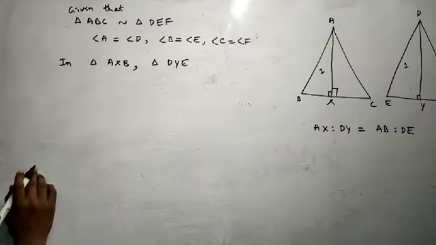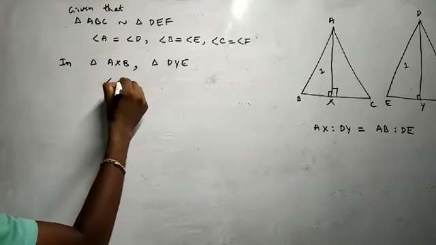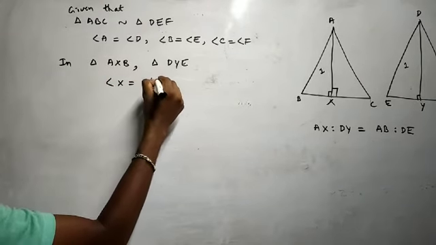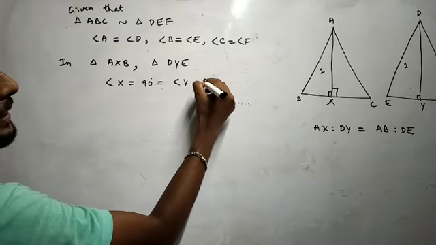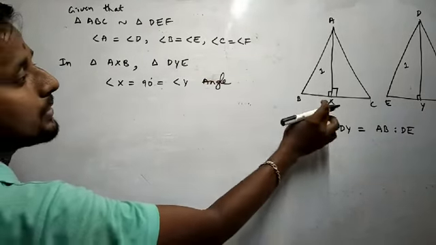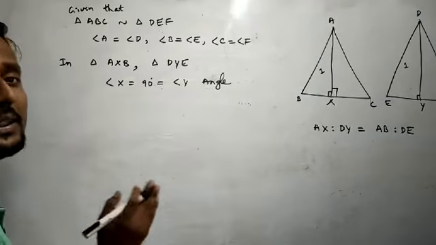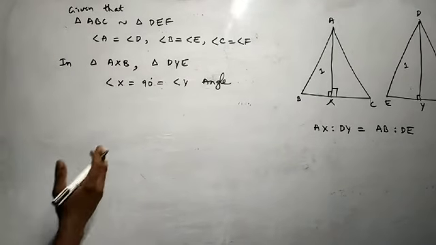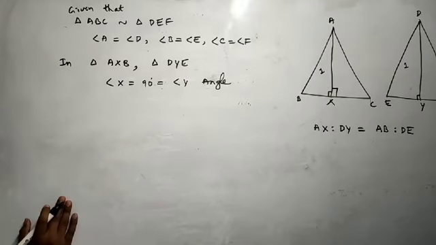Now look at it. Angle X is equal to 90, which is equal to angle Y. It's a simple angle because AX is an altitude. Definitely it makes a perpendicular. It meets its opposite side perpendicularly, right?